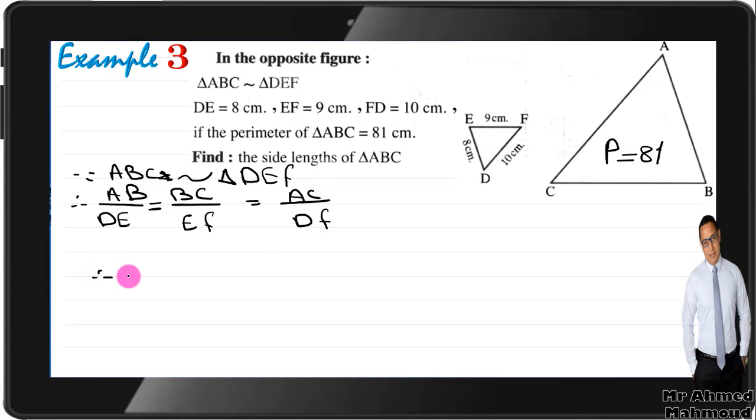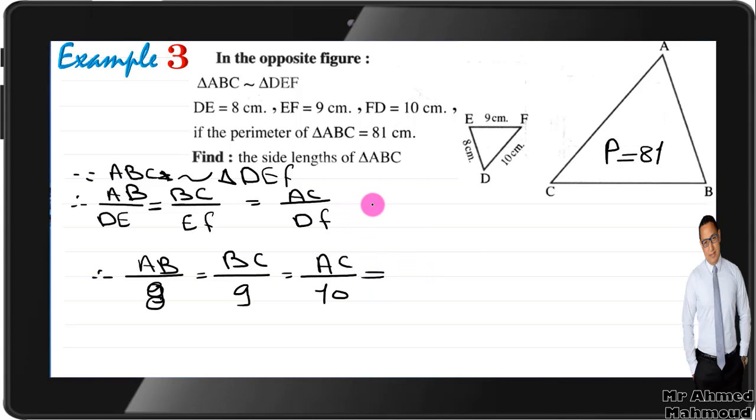Therefore, AB over 8 equals BC over 9, and AC over 10. The ratio between the sides equals the ratio between the perimeters.